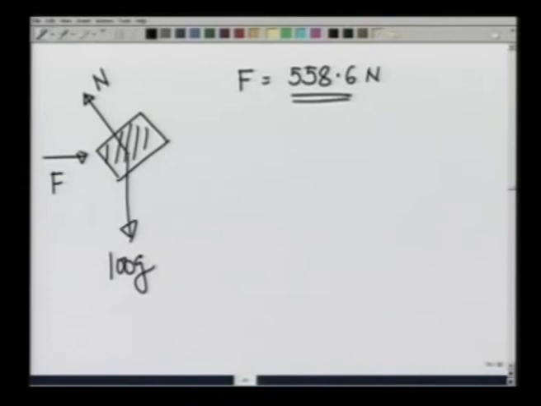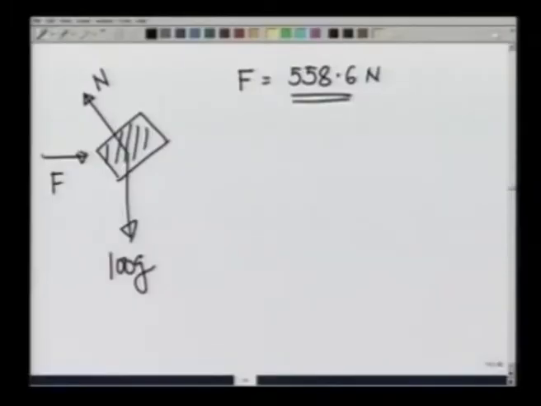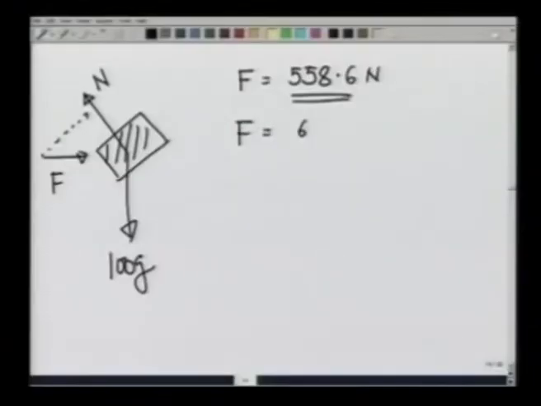If I go beyond 558.6 newtons, this force would have a larger component up the plane, and therefore the block would have a tendency to move up. And therefore, for F equals 600 newtons, the frictional force on the block would be acting down.